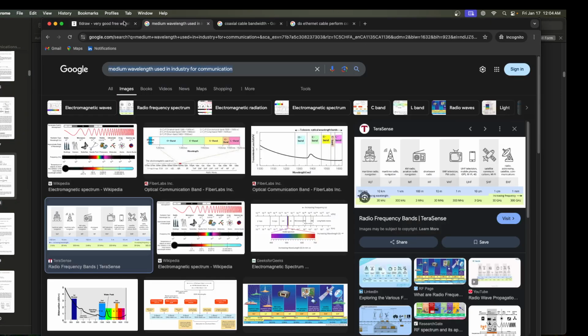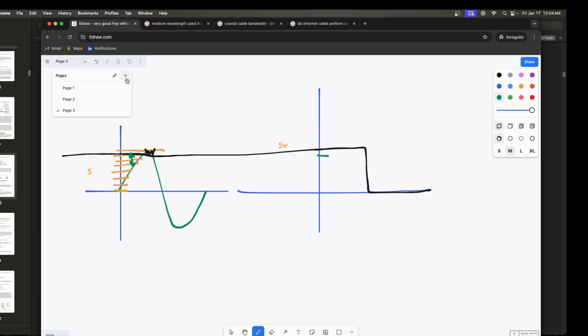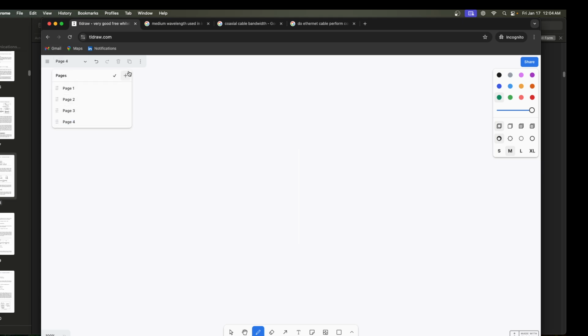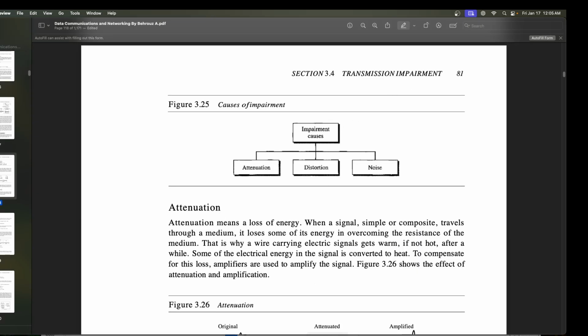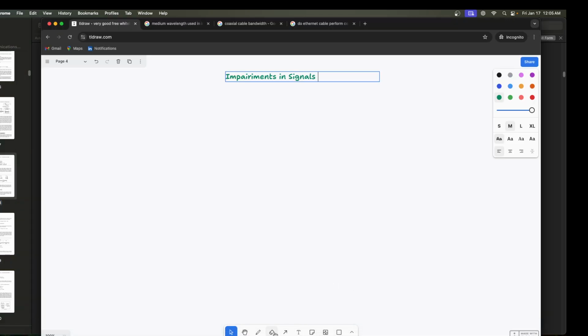So let's go to page 4. Now there are impairments, like problems. This is where we analyze impairments. What are the causes? You have multiple things.